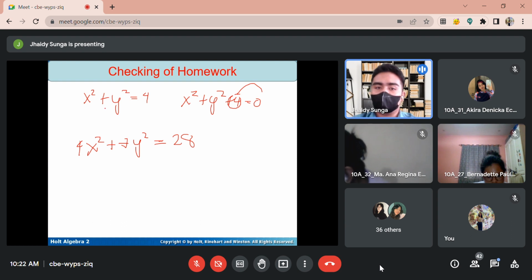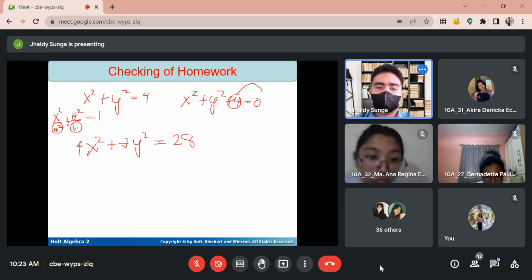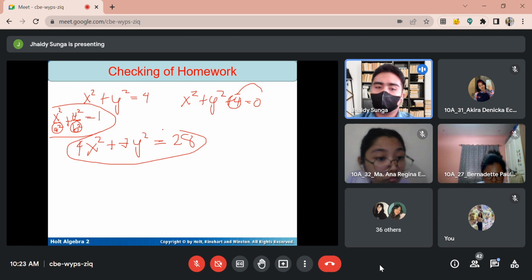Isn't it that in an ellipse, we have x squared, y squared is equal to 1, then there's a denominator, correct? Correct? p squared, q squared. So in order for you to have the standard form, if it was in general form, you need to find the value of 1.